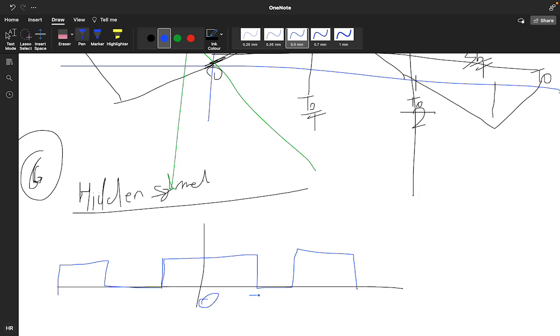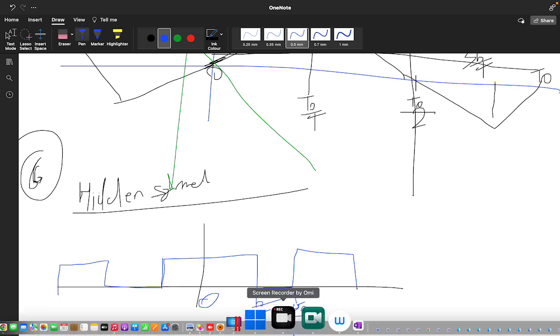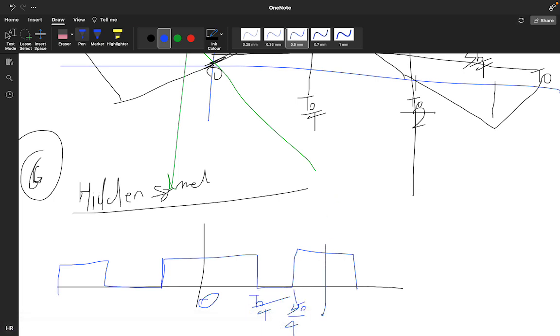This is T naught by 4 value. And this particular point is 3 T naught by 4 value. And this particular is your T naught value. So how it's going: T naught by 4, 3 T naught by 4, T naught.